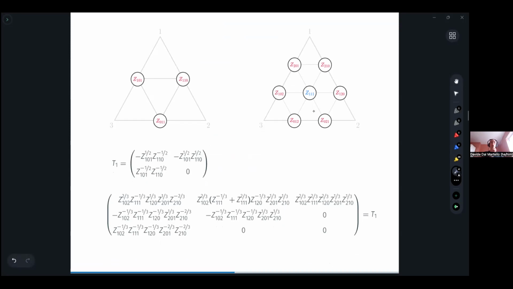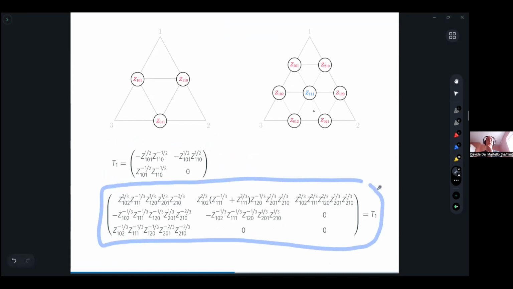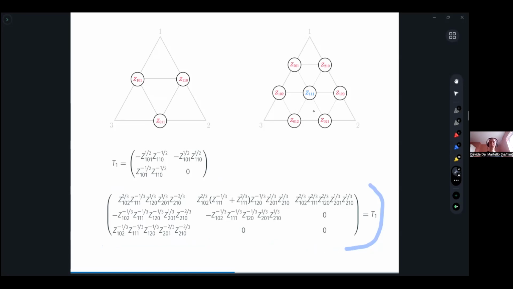Let me give you a quick look at what they look like, so you can taste the very combinatorial nature of higher Teichmüller theory. You see that variables pop up in a very combinatorial style. Just to point out, here is T1 for n equal 2, and the other is for n equal 3.